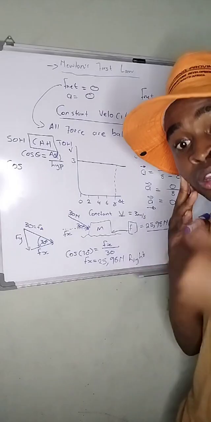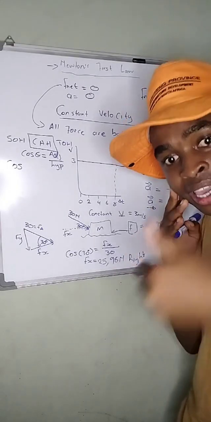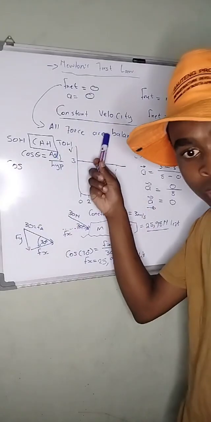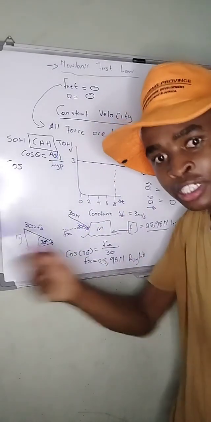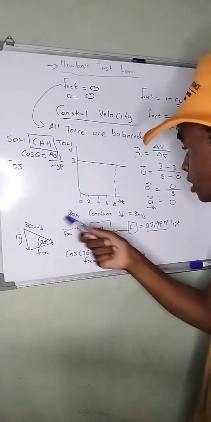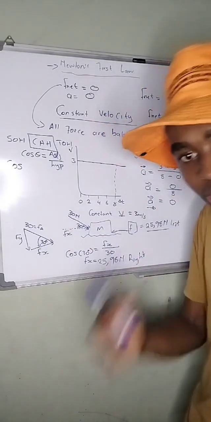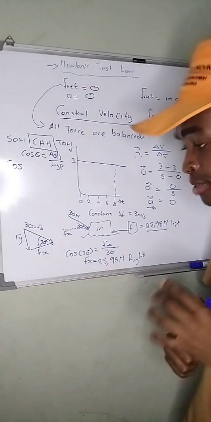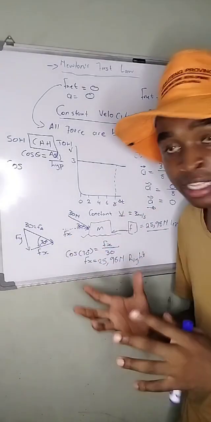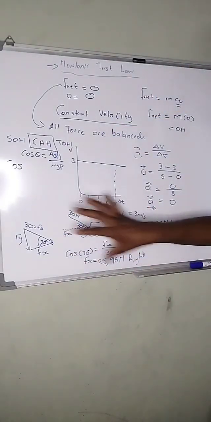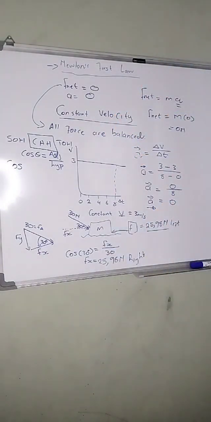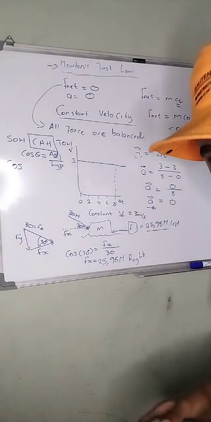You have to say the object is moving at constant velocity. But sometimes they can tell you a constant force is applied. Which constant are you talking about? Yes, it means all the forces are balanced because the object is moving at constant velocity. Do you get that, right?